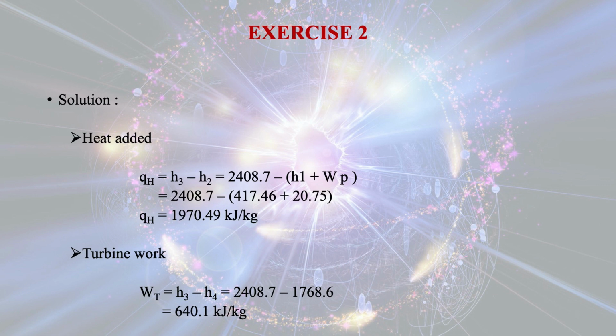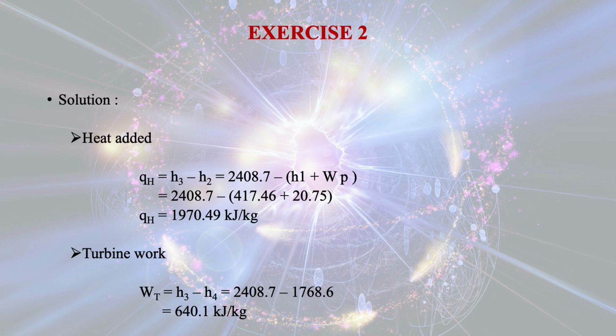Now dear learners, you know very well that at this juncture we know H1, we know WP, there is no problem for calculating the heat added, that is QH. So QH is equal to H3 minus H2.